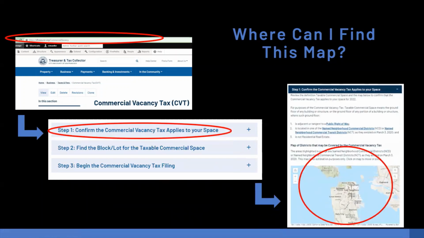And this will show you a map of districts that the commercial vacancy tax applies to. You may click on the map to get an estimation of the area you are in by moving and zooming in or clicking on the magnifying glass to search your address to see if the commercial space lands on a shaded area that is covered by this tax.